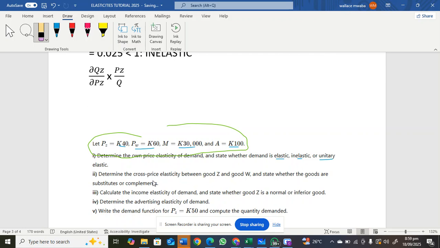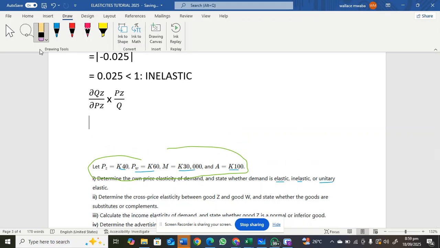Okay, so to get our cross price elasticity of demand, this is the formula.